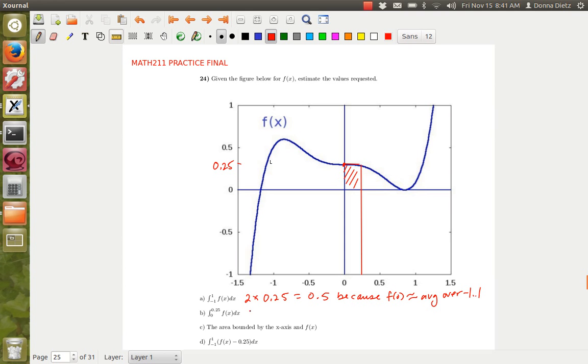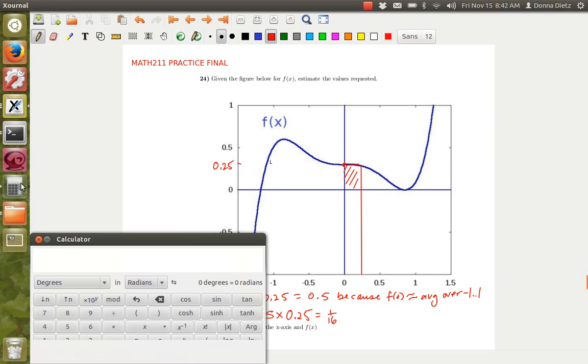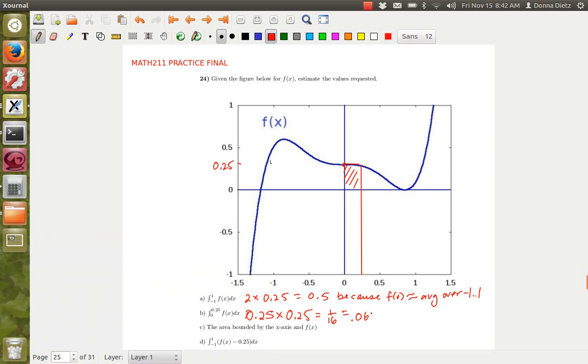So 0.25 times 0.25. It's a quarter times a quarter, which is a 16th. But if you want to use a calculator, you can go ahead and say 1/16, 0.0625. It's fine.